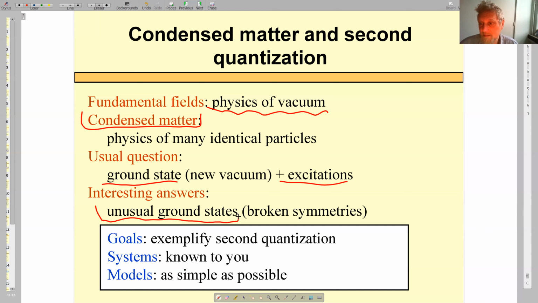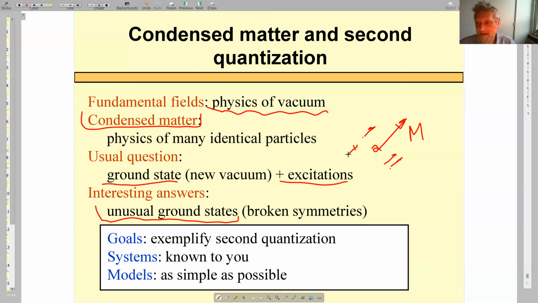So this is called broken symmetry. Magnet is one of these examples. Magnet has magnetization, which, as you know, is related to orientation of all electron spins along a certain axis.